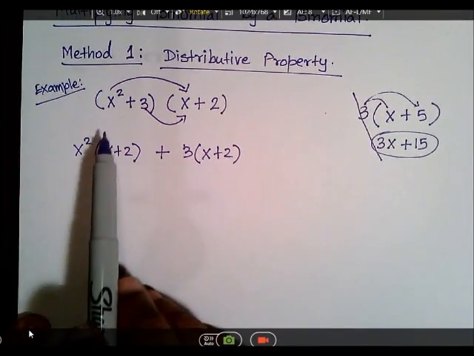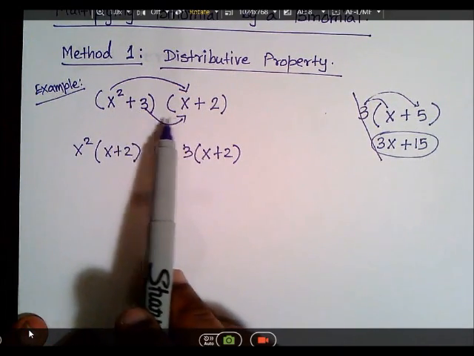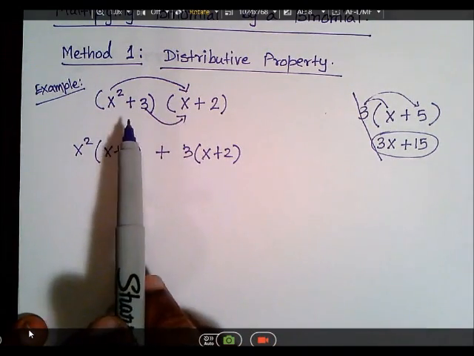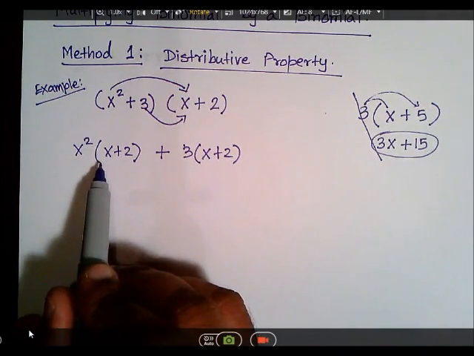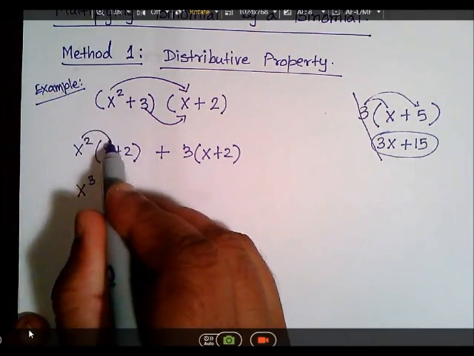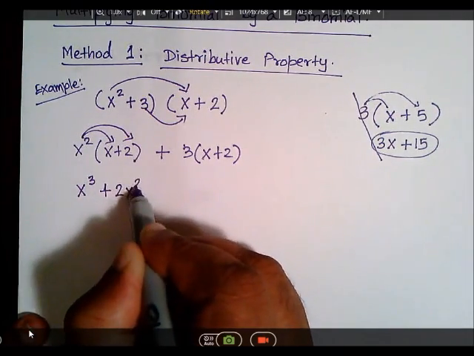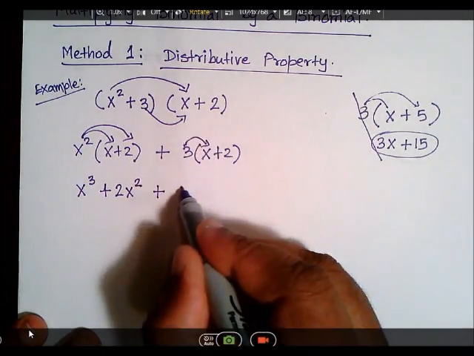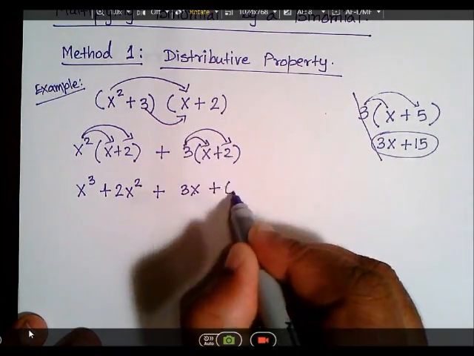All right, so the first one I'm distributing is the first term to the second binomial and the second term to the second binomial. So x squared times x plus 2 and 3 times x plus 2. Now again I have to do the distributive property one more time. x squared times x will give me x cubed, and x squared times 2 will give me 2x squared, plus 3 times x will give me 3x, and 3 times 2 will give me a 6.